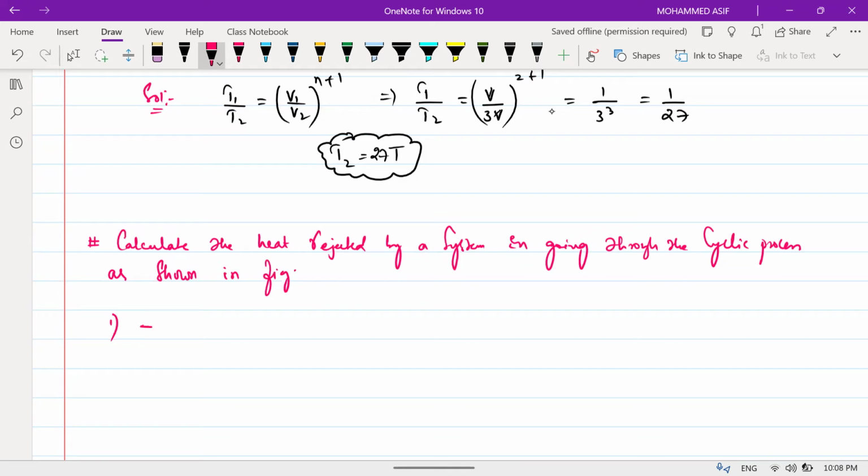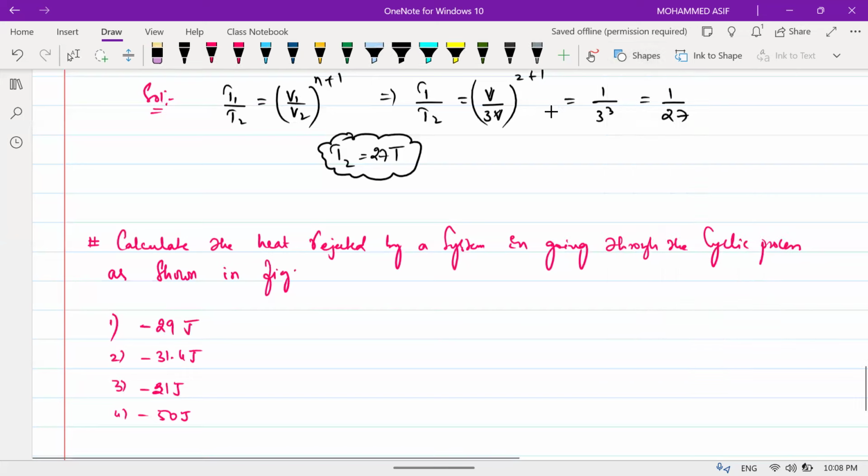First option is minus 29 joules, second option is minus 31.4 joules, third option is minus 21 joules, and the fourth one is minus 50 joules.